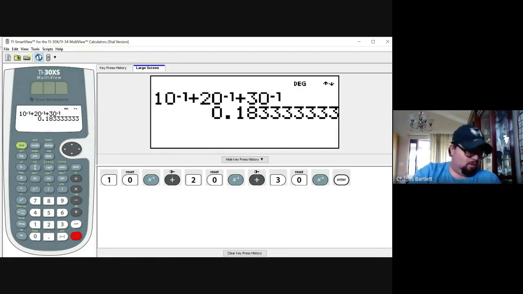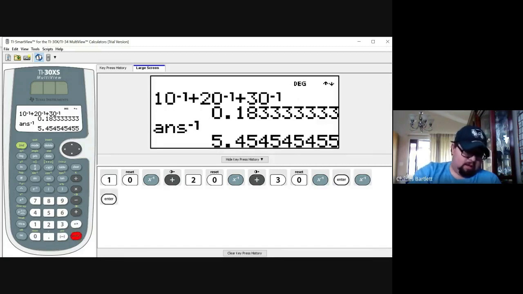That's not actually what we're looking for. So we actually, and this is the part that people mess up on, you actually have to reciprocate that small number, and in the end you get the number that we need. In this case, it is 5.45454545 forever.